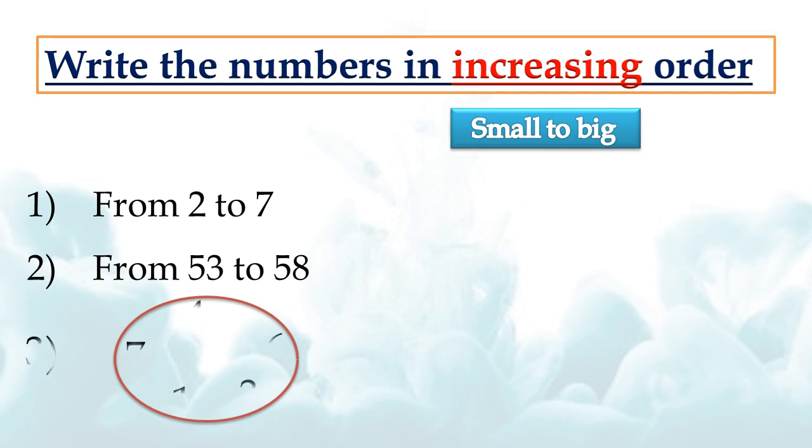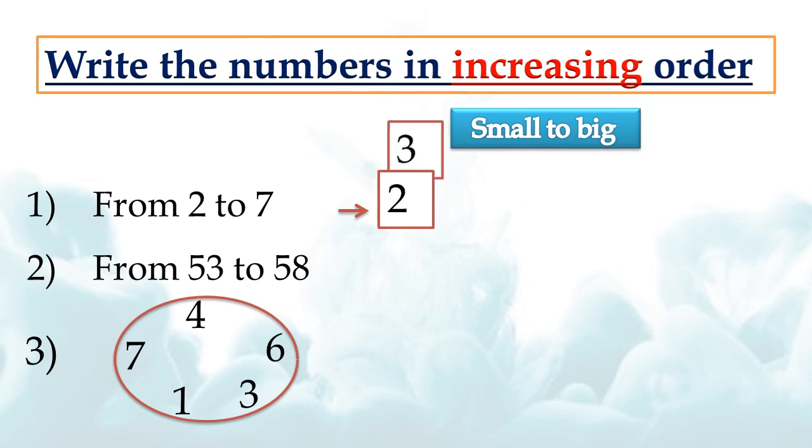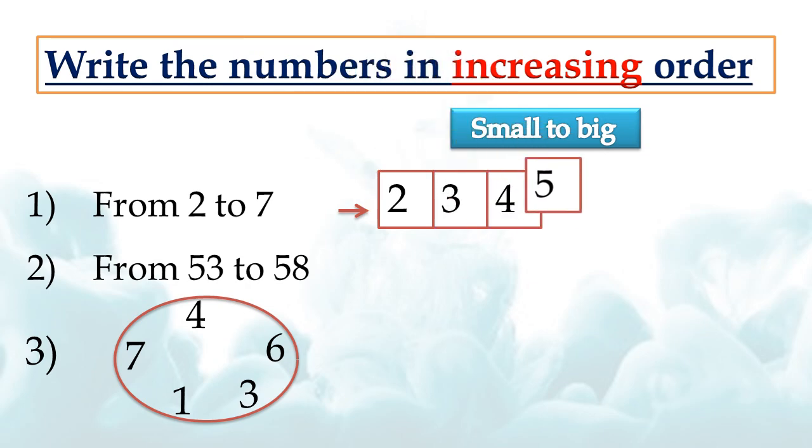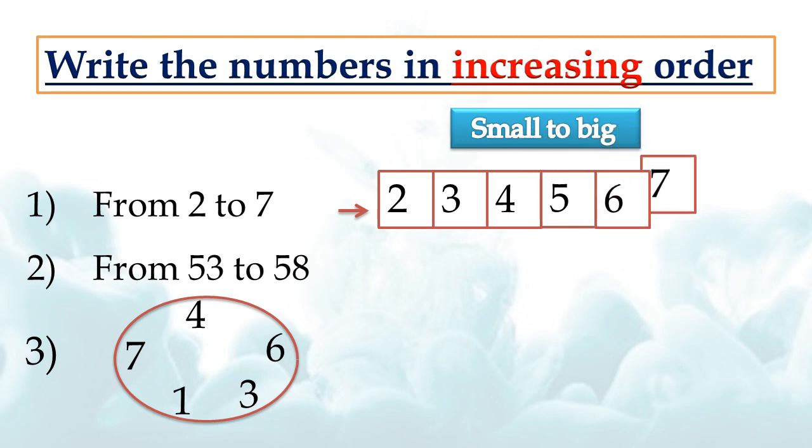See, first question is we want to arrange numbers from 2 to 7 in increasing order. How can we do it? Alright, first of all we want to write the smallest number. So we want to write 2, then 3, next we want to write 4, then next 5, then 6, last we want to write the biggest number 7.